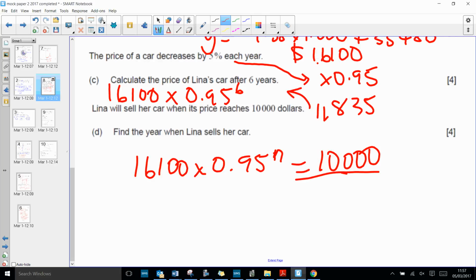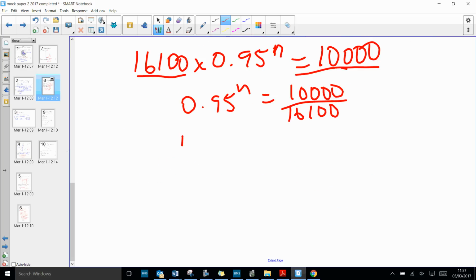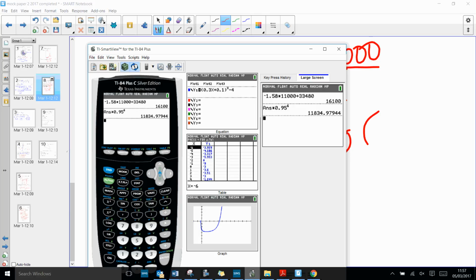Otherwise, we can take logs of both sides, so we obviously need to get rid of this first, so 0.95 to the power n. Take logs of both sides, so n log 0.95 equals log, let's work out what that is, 10,000 divided by 16100, which is 0.62111.